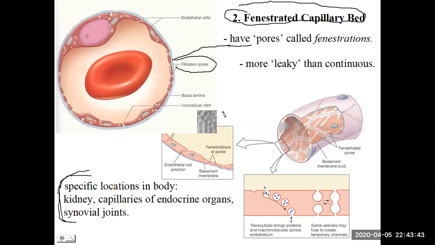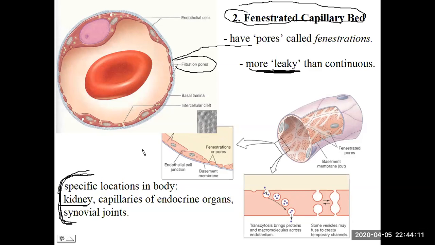So again, they're medium-sized pores, so they have an increased amount of exchange when compared to the continuous capillaries. There's more exchange both in and out. And again, not nearly as common. So now we see a select number of organs. The kidneys are a great example of where we find fenestrated capillaries.